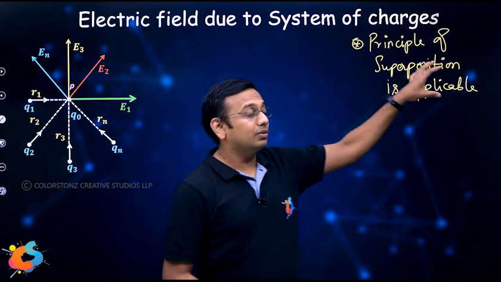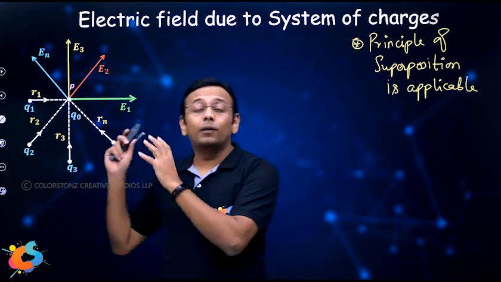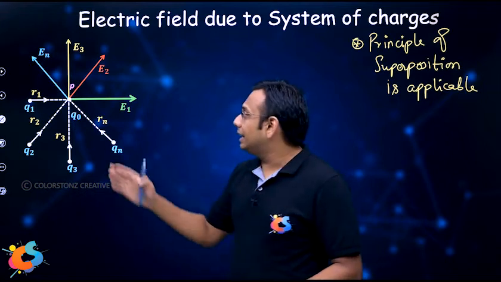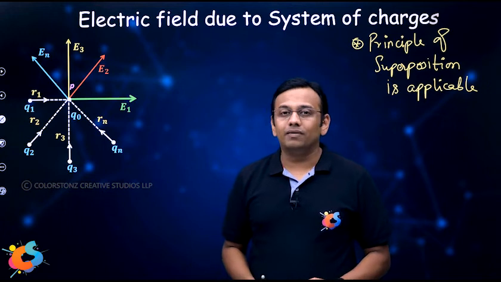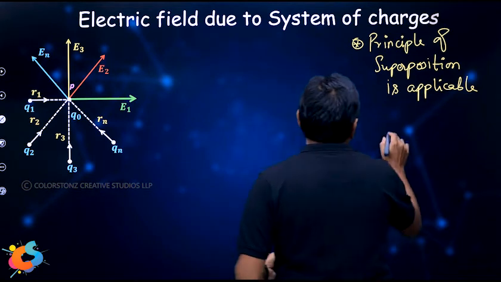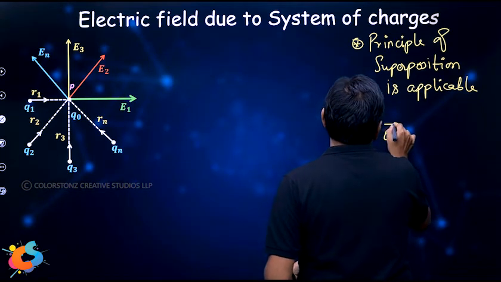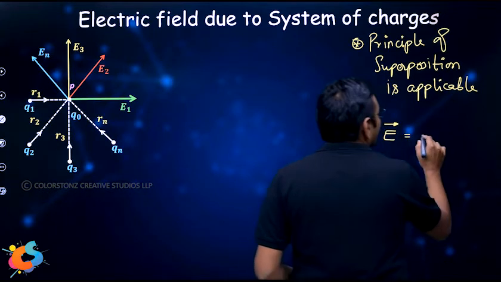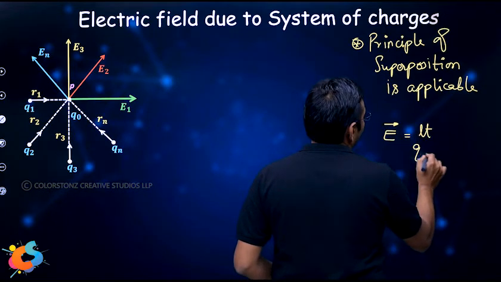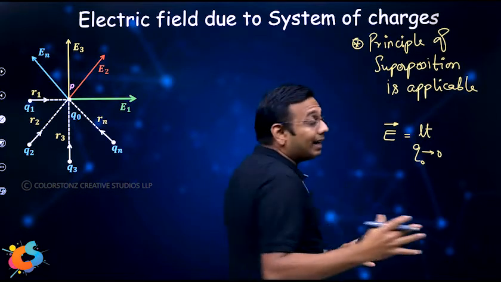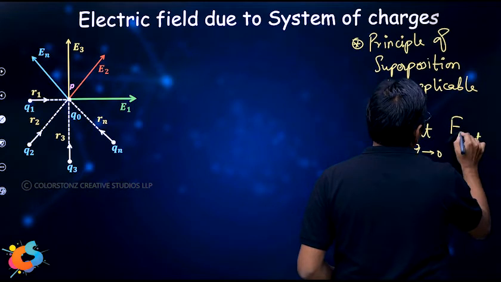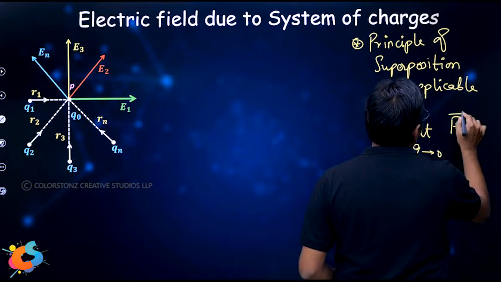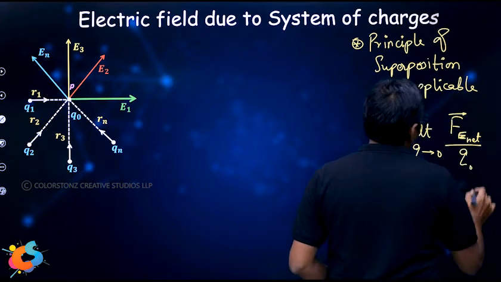Also, the principle of superposition is applicable for electric fields. And this can be proved very easily. Just write the net force on this charge and then apply the concept of electric field. We know that the E vector will then be equal to the limit Q0 tending to 0 of the net electrostatic force Fe net divided by Q0.